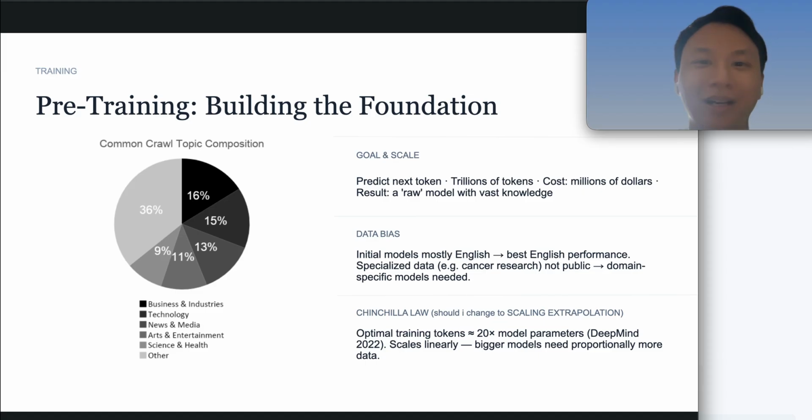But now we've kind of eclipsed what the Common Crawl can provide, and we're actually going beyond what is publicly available. This might be slightly outdated, but it is a good understanding of what type of topics the older LLMs are being trained on.